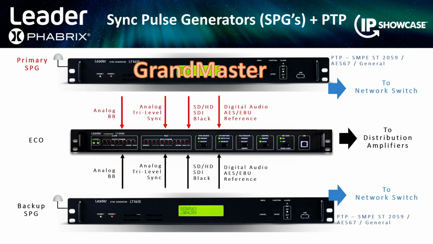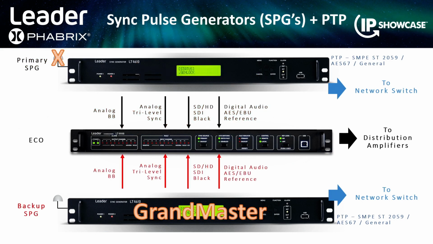So now, with that enabled, when I lose my Grandmaster, the backup takes over for PTP and it's switched my sources. So now I can decommission this unit and start carrying out the maintenance work on it.